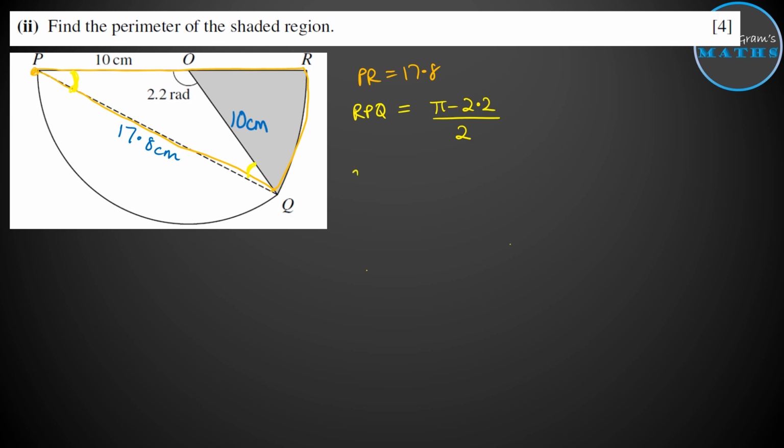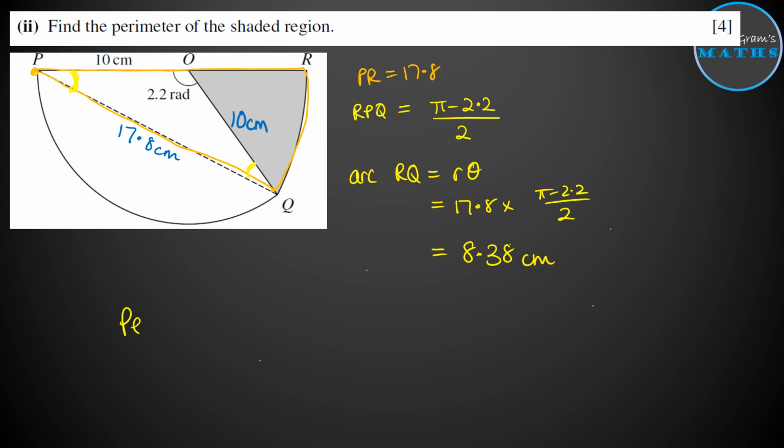Now the arc length for RQ is r theta. So this will be, the radius is 17.8 times pi minus 2.2 over 2, which comes to 8.38 centimeters.